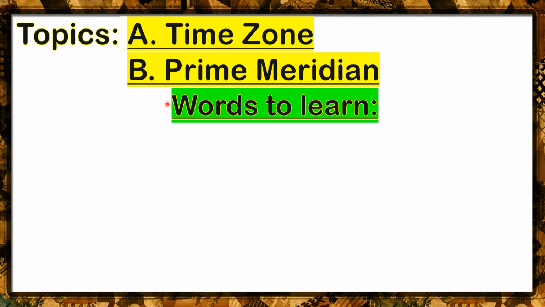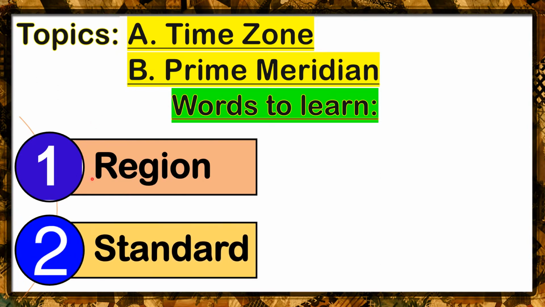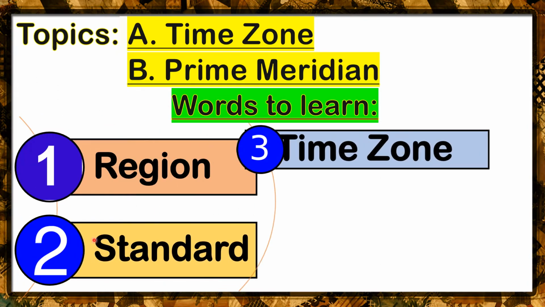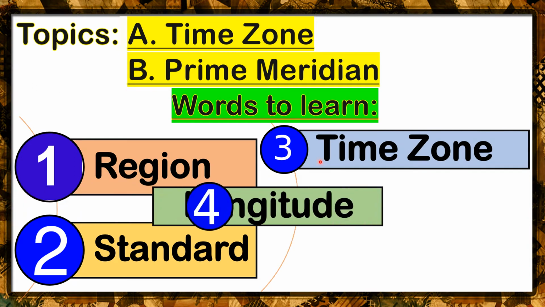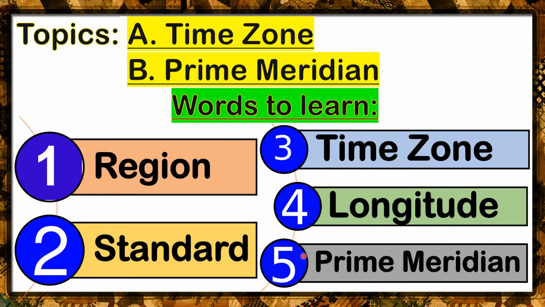These are the words to learn that we will be encountering throughout our discussion. Let's discuss them one by one so that we will have an idea of our two topics for today. Please repeat after me. Region, standard, time zone, longitude, and the last one, prime meridian.